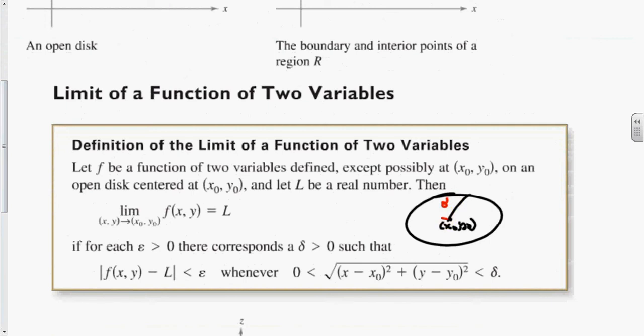This distance is what this square root is computing.